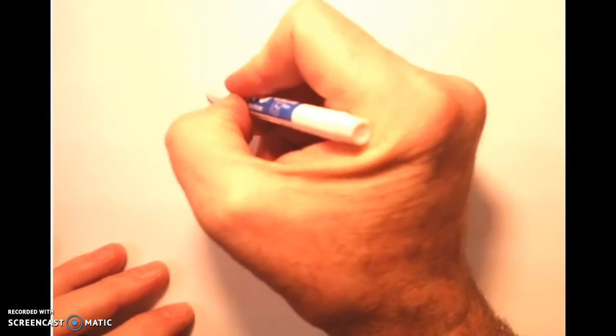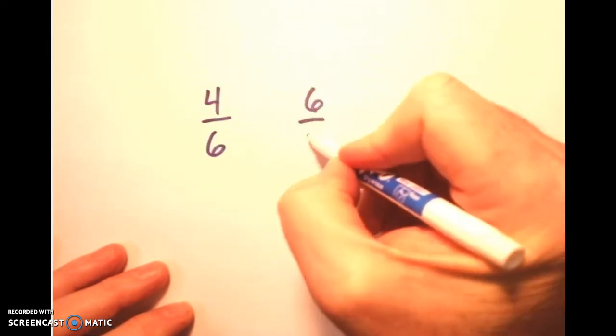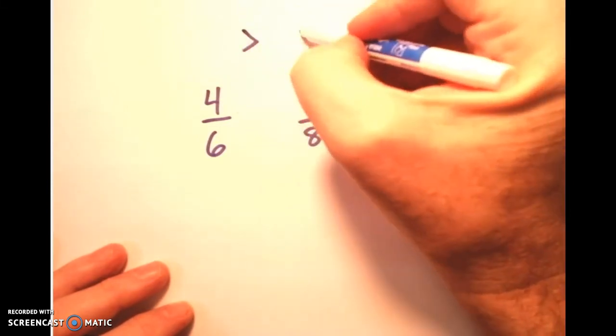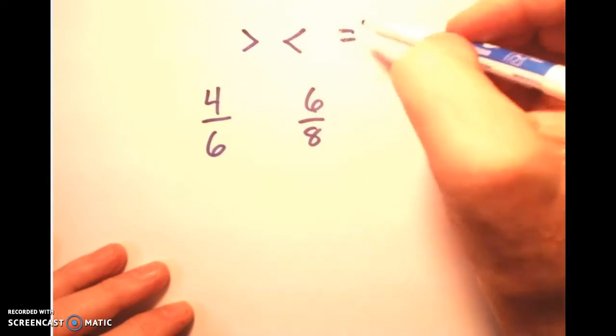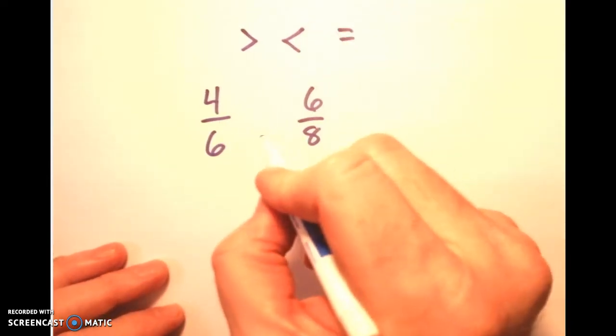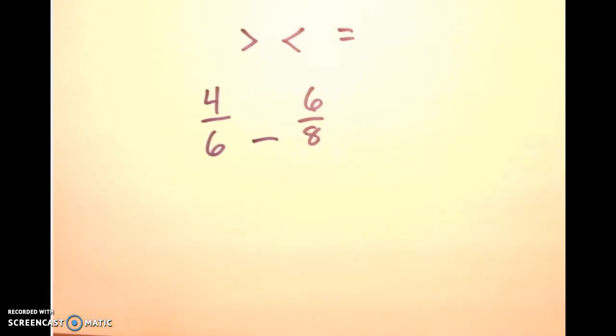So let's say I have my 4/6 and I have 6/8, and again I want to be able to use greater than, less than, or equal to. We already know that the answer in this particular situation is going to be less than, but let's just dive into this a little bit deeper.